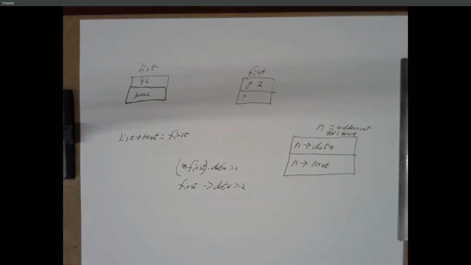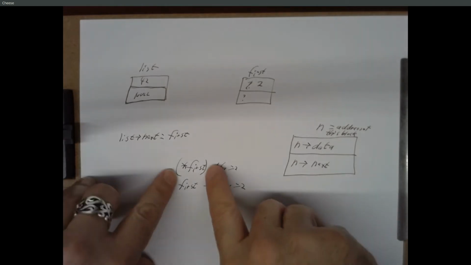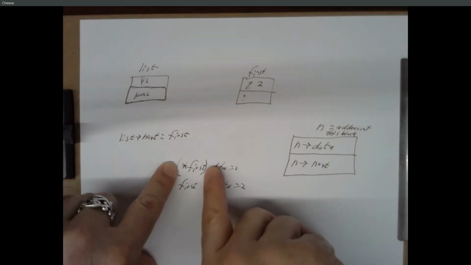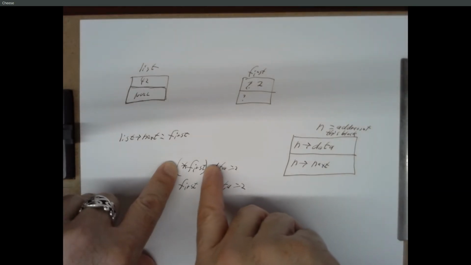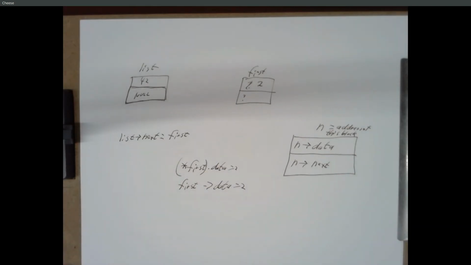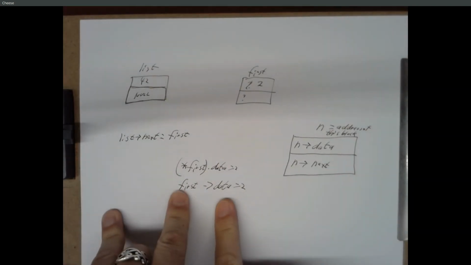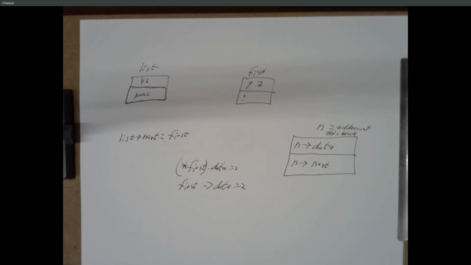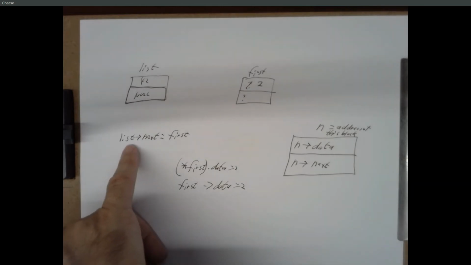So this is one of these fine details that can be really kind of slippery. Star first would be a struct node. First is the address of a struct node. Sometimes we want to deal with star first, when we want to actually resolve a field, when we want to pull off the data piece of that. We could say star first dot data, or first arrow data. But sometimes we want to actually use the address, typically when we're linking these blocks up.